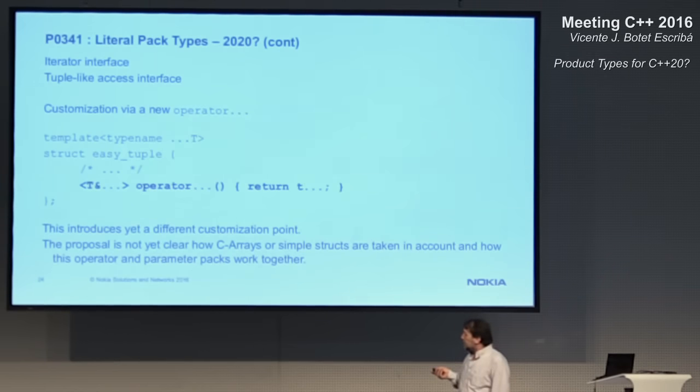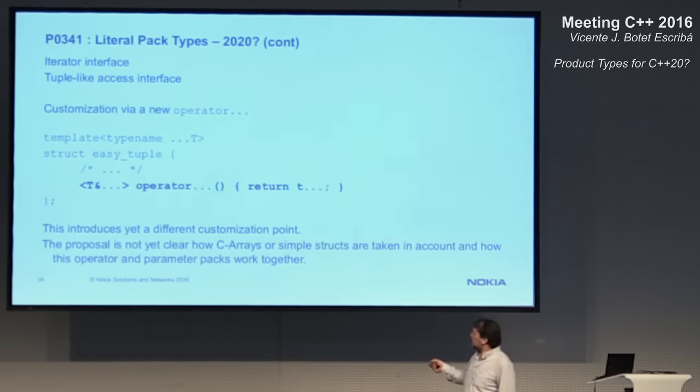So that we have another way to customize. This is the operator that operator ... that will allow us to say I have my own class, my own struct, and I can define this operator so that I will be able to expand.